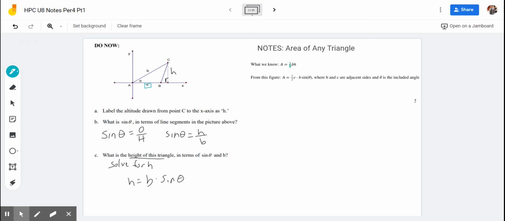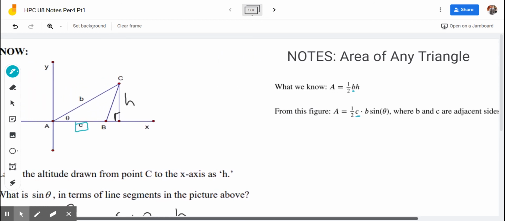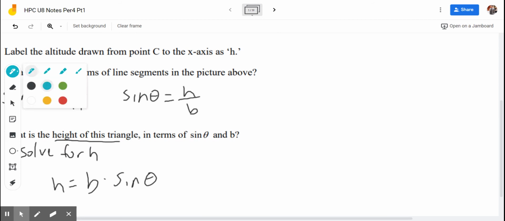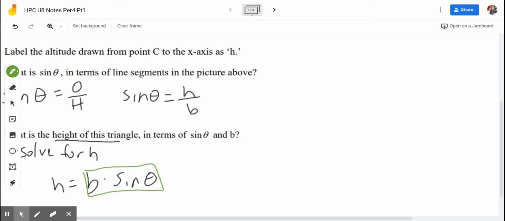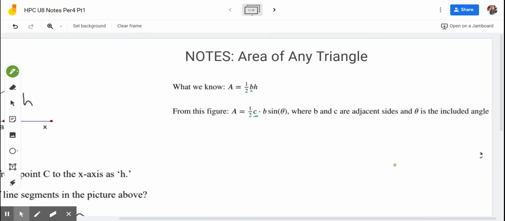And then the height in this problem, we just found, h was b times sine theta. So that h in the problem here is going to be replaced with b times sine theta.